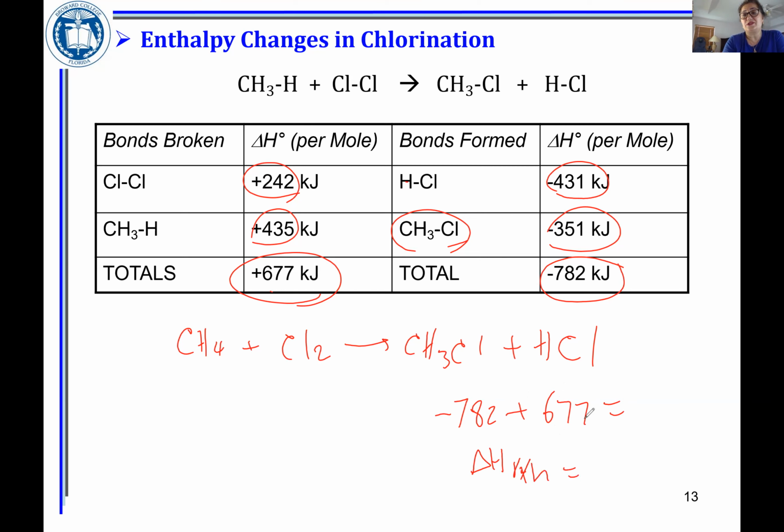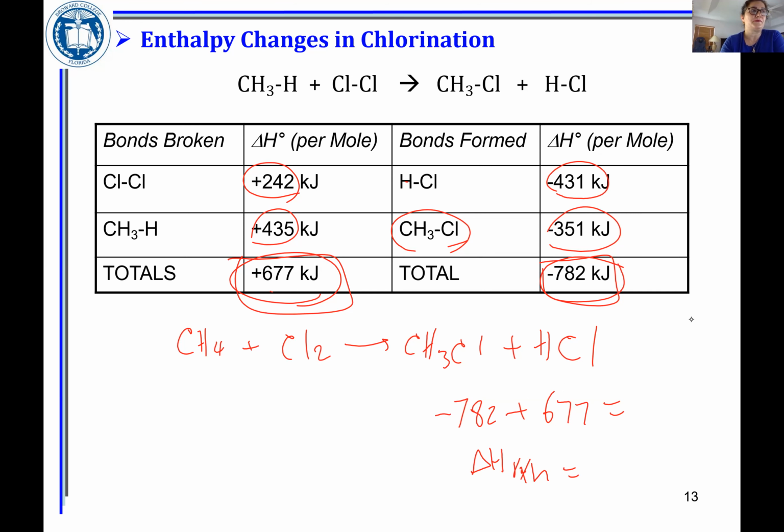Delta H for reaction is the delta H of formation for the bonds that are forming, minus the total delta H of bond dissociation. So heat needed, heat released. The difference is going to be the overall heat for the reaction, and that is known as the delta H of the reaction.